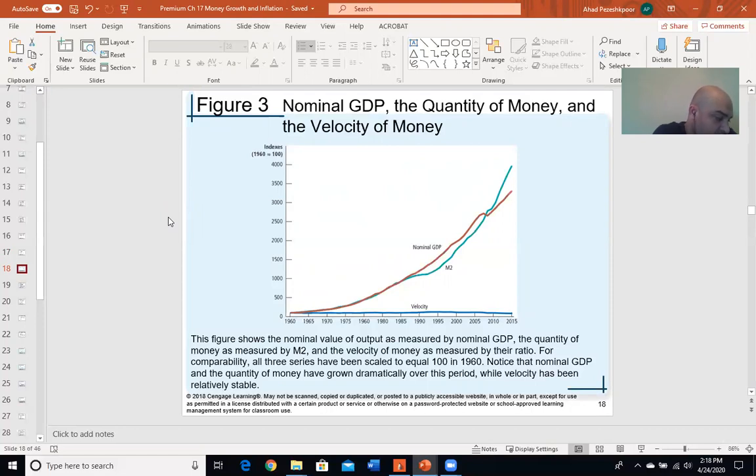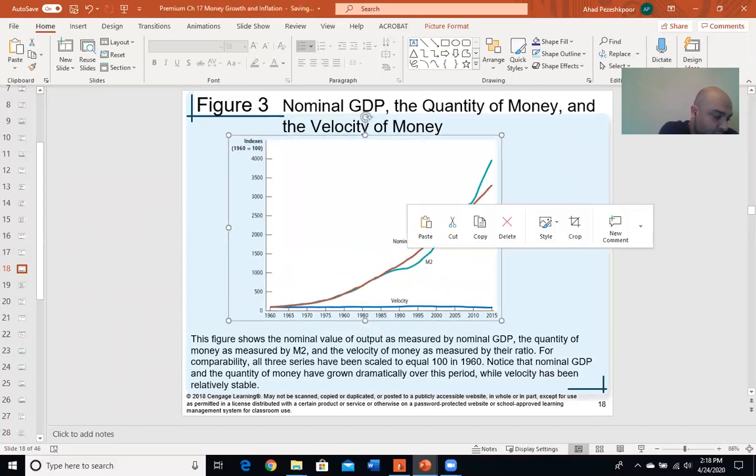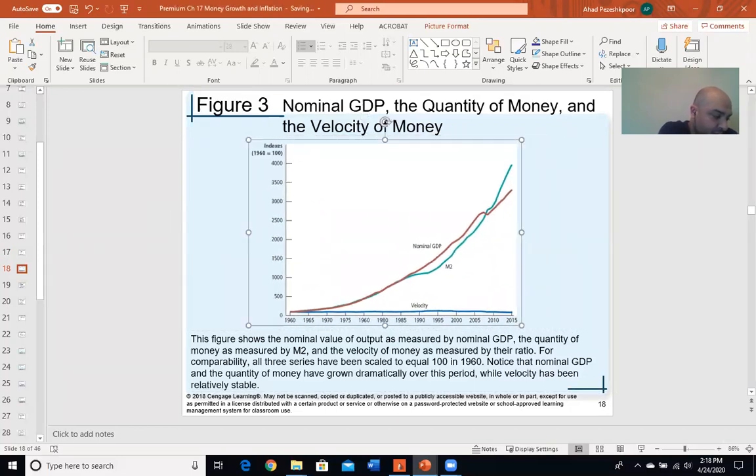They're moving close, while velocity has been almost constant the whole time because these two are super close to each other, nominal GDP and M2. Because these two are moving side by side, velocity is constant.